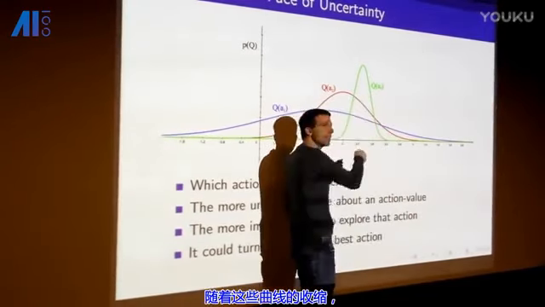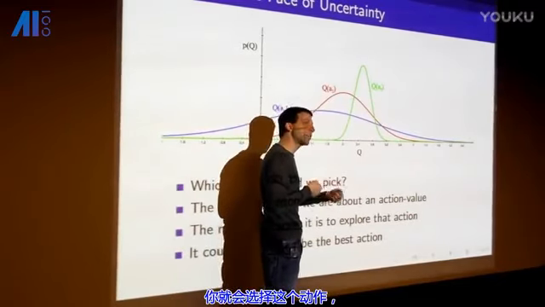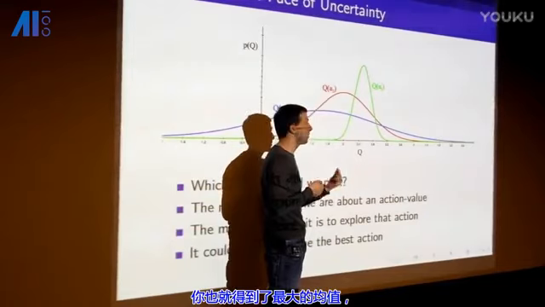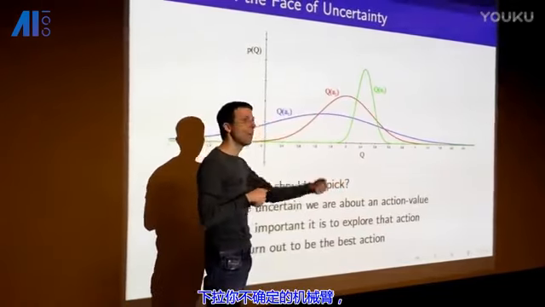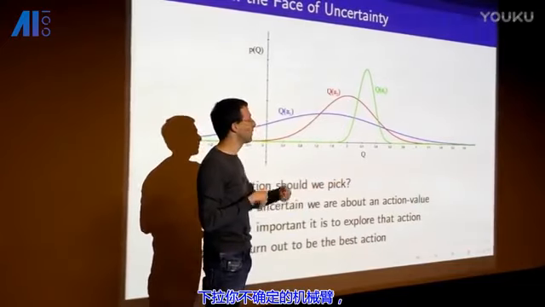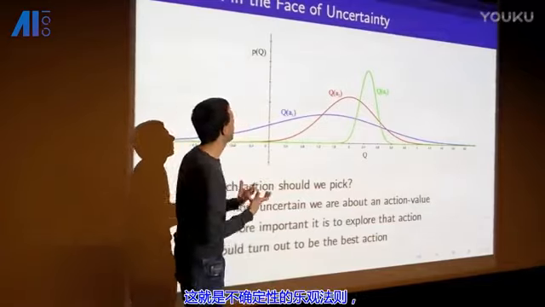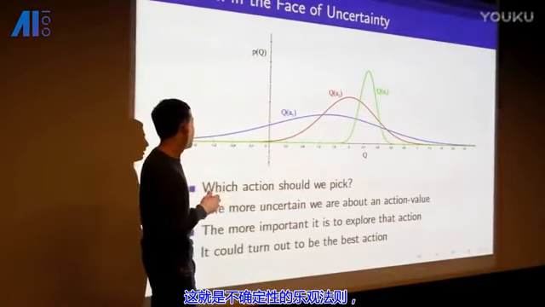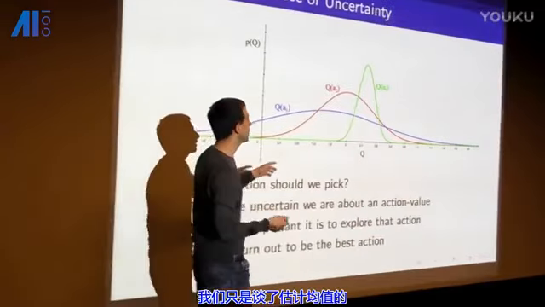And as you narrow these things down, you start to get more and more sure about where the best action really is, until you're actually just picking the one that's got the maximum mean. So it's a way to really just keep pushing down your uncertainty, but at the same time trying the thing which has the most potential to do well. So this is the optimism in the face of uncertainty principle. The difficulty is that so far we've only talked about ways to estimate the mean.